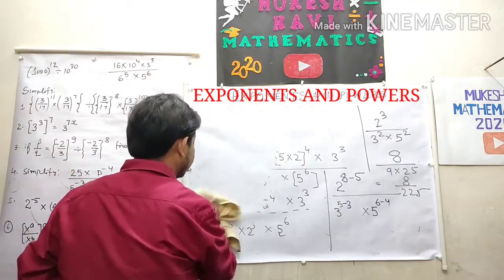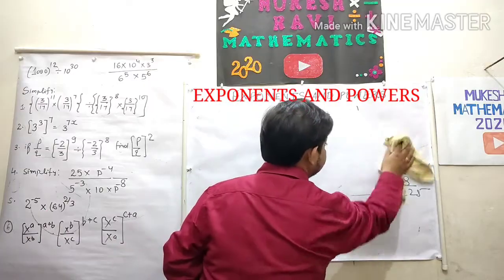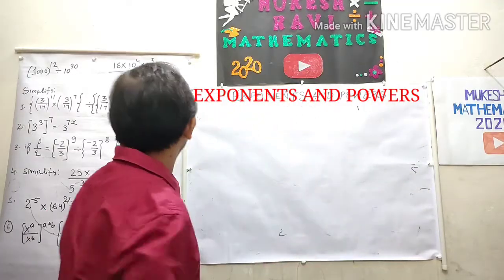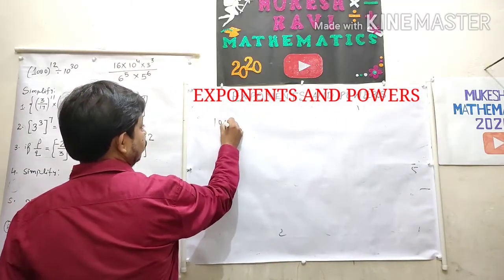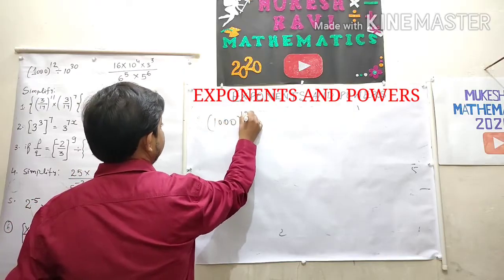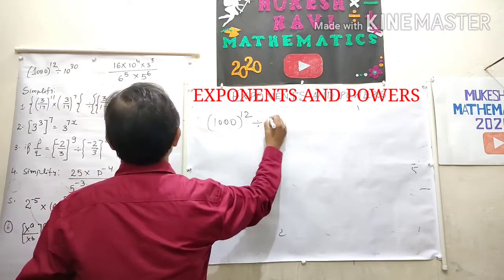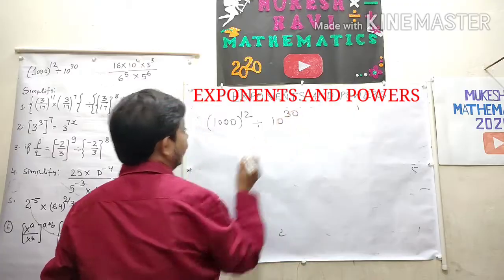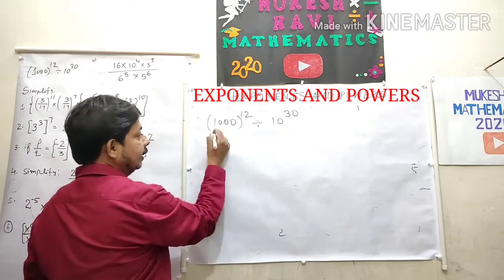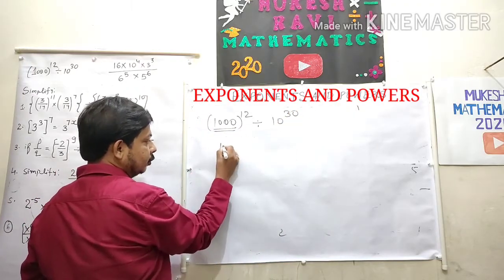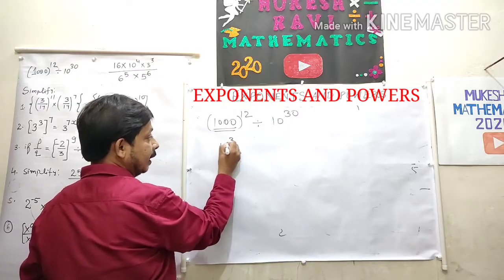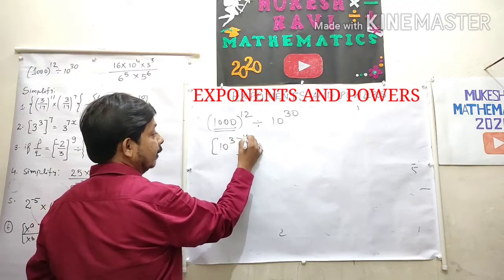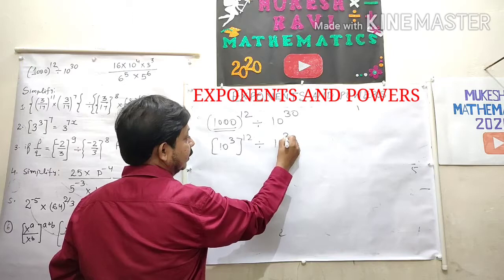Suppose another question: 1000 to the power 12 divided by 10 to the power 30. First of all, this is 1000 and this is 10. Is there any possibility to write 1000 in terms of 10? 10 cubed, so (10 to the power 3) to the power 12 over 10 to the power 30.